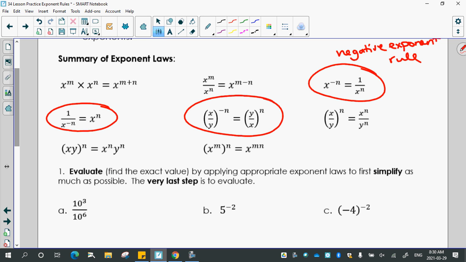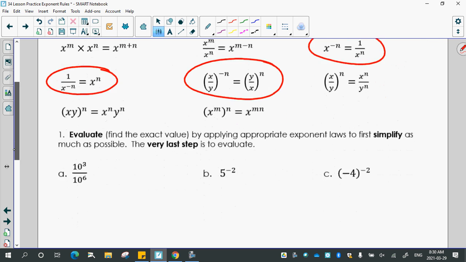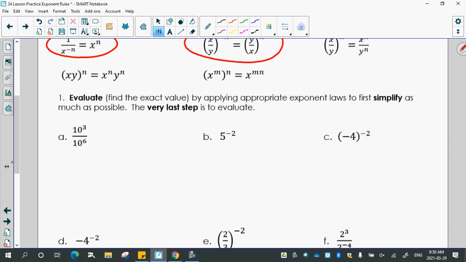Those are all the exponent laws, a summary of what you learned in grade 9 and grade 10. We're going to pick out which ones we want to use to evaluate, which means find the exact value. So you're not going to answer with decimals, fractions only, in closed terms.